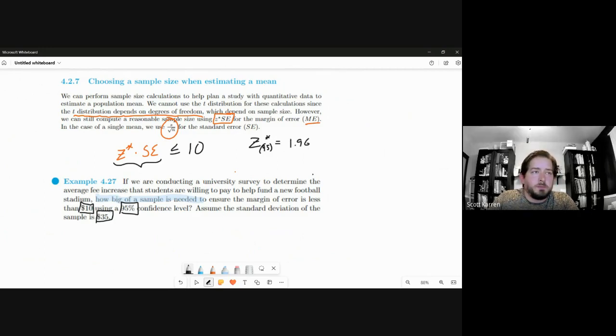My standard error is the standard deviation over root N. I don't know N, but I know that S is $35, or I've been told to assume that.